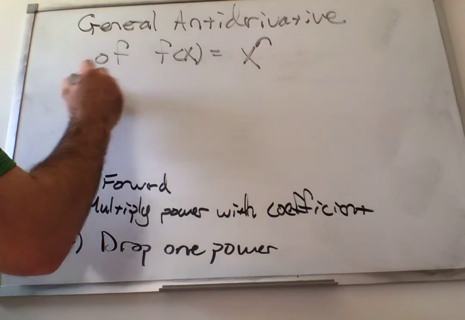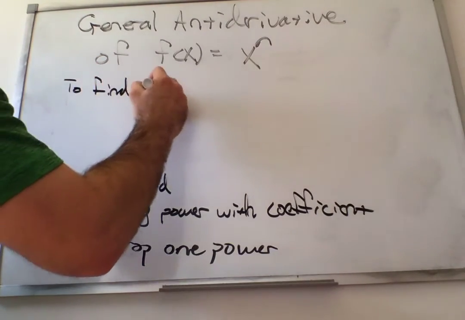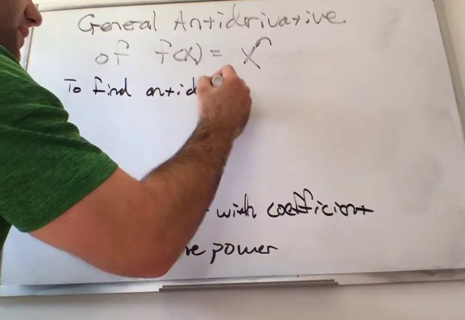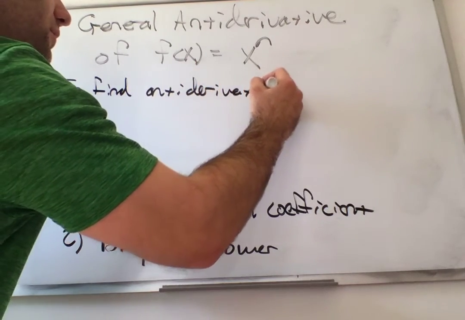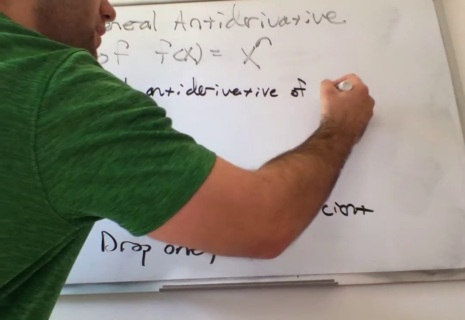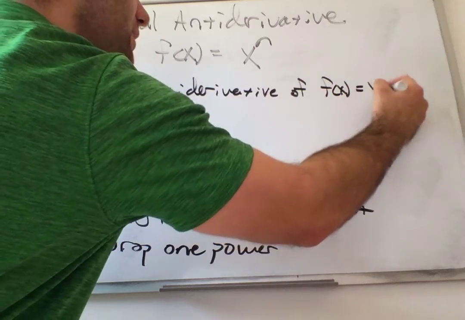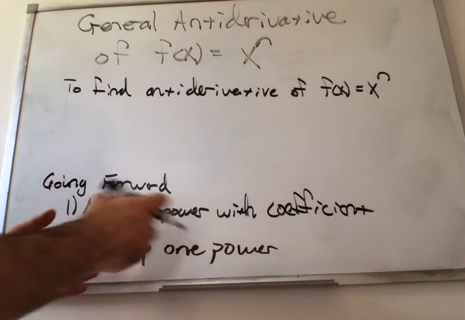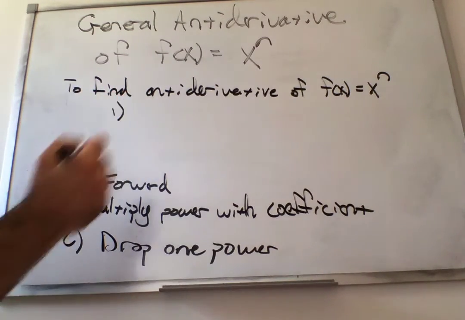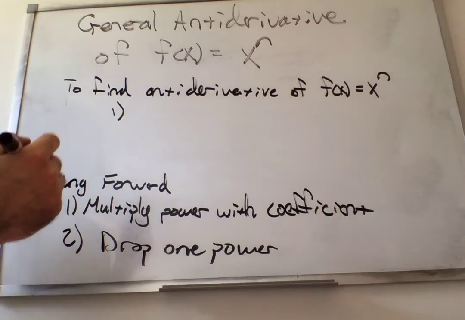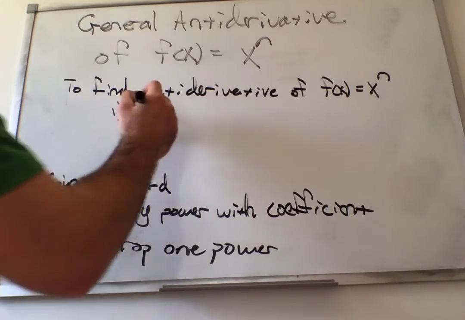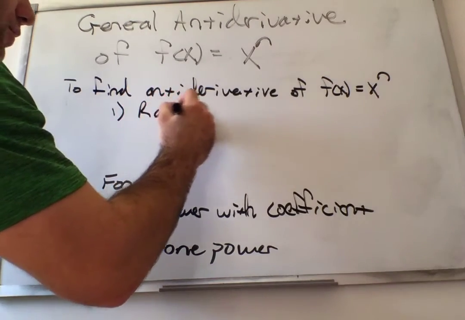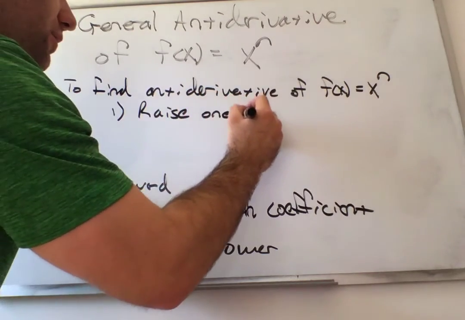So, to find the antiderivative of f of x equals x to the n, instead of dropping 1 power, going backwards is going up 1 power, raising 1 power.